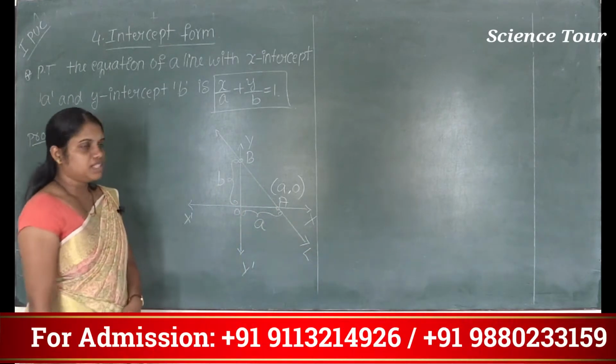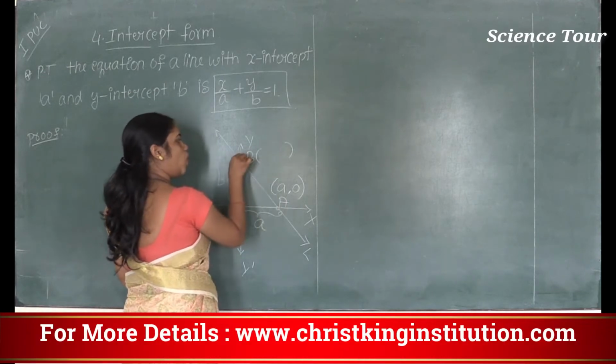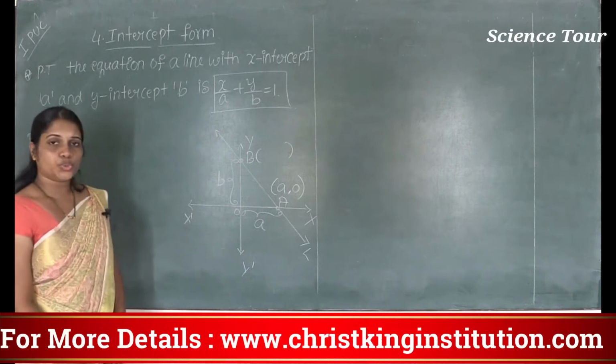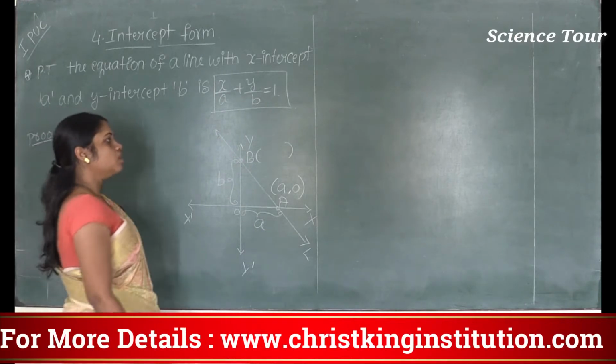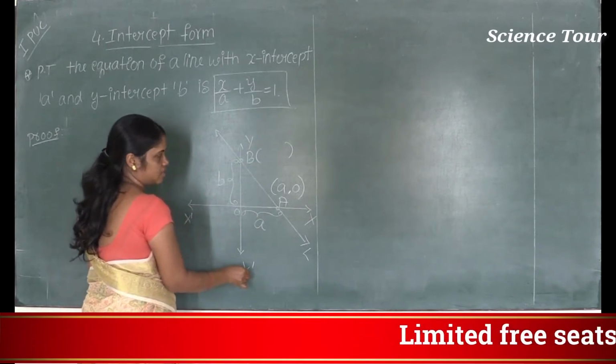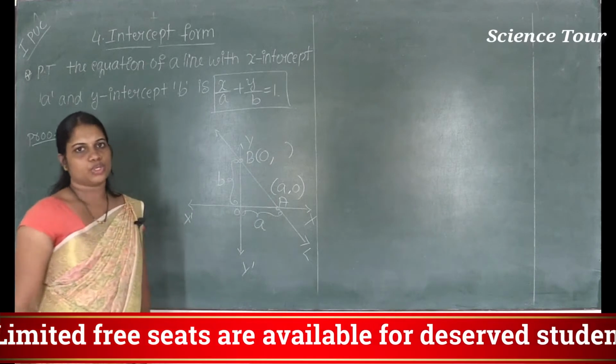Okay. By the same way, what is the coordinate of this point B here? Students, again you can observe here this point B lies on the y-axis, so its x-coordinate value will be equal to 0.